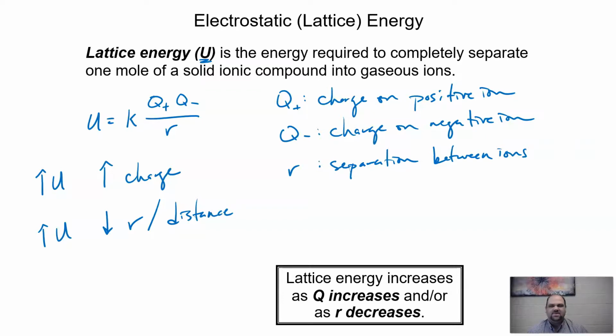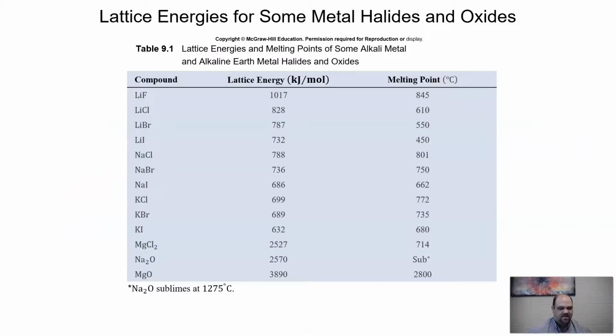So there's two ways that we can think about having a large lattice energy. Now, we have not gotten into the distances between atoms, and we are not going to think about it too much. We're going to mostly focus on the differences in charge.